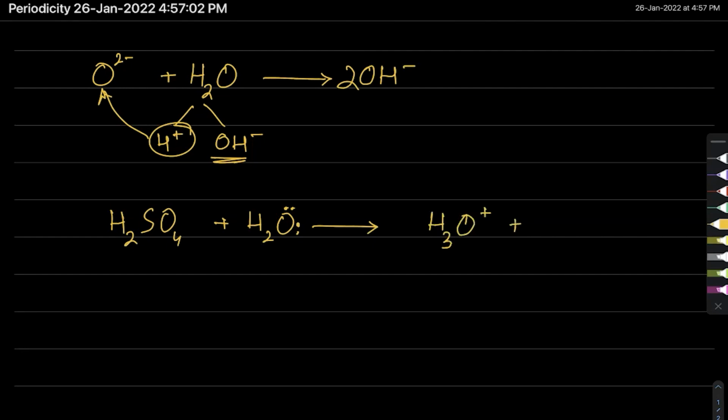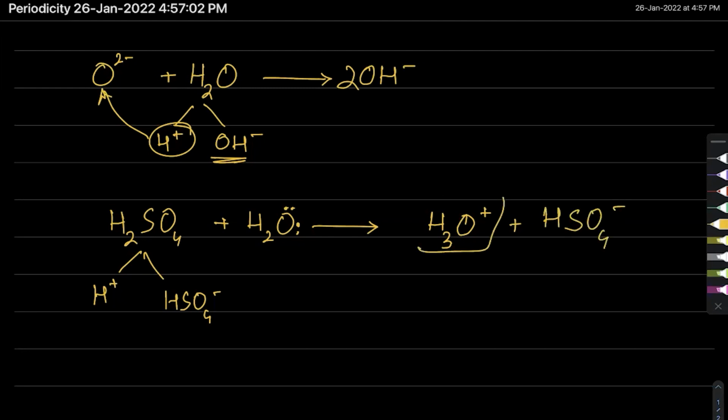This is basically H2SO4 breaking down, giving us H positive and HSO4 minus. H2SO4, remember, is diprotic. Diprotic means it has two H positives in it. So it gives the first one away. Water accepts that, makes a dative bond with it, and gives us hydronium ion. Now, HSO4 minus just goes on the side.